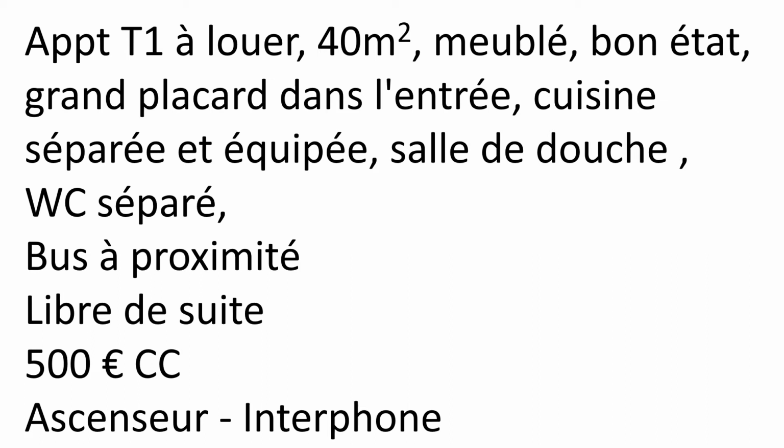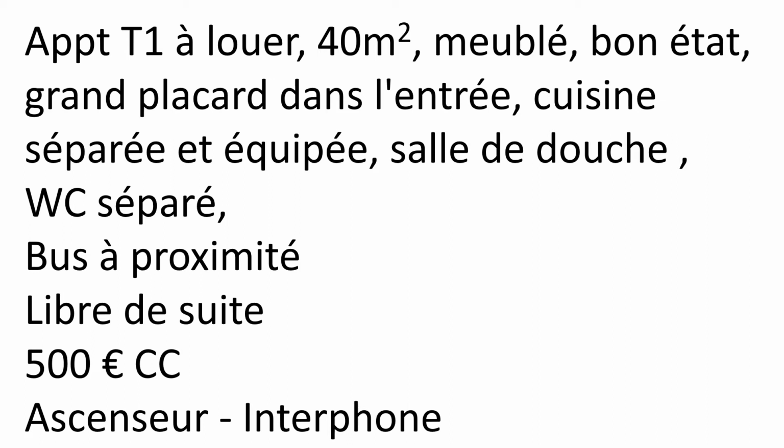Cuisine séparée et équipée. So here it's different from the picture we've seen before because you will have a proper kitchen, meaning with a door, a room, which you can call a kitchen.